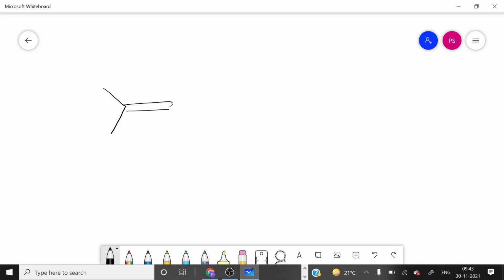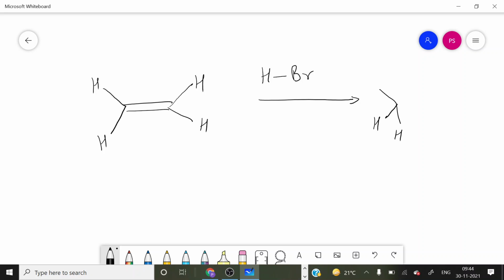Now I am going to take another example of an addition reaction. HBr, step by step. Okay, now I am going to write here CH3 CH2.